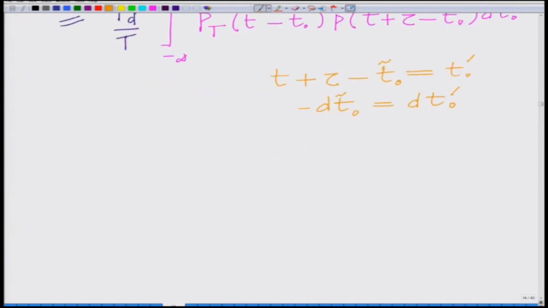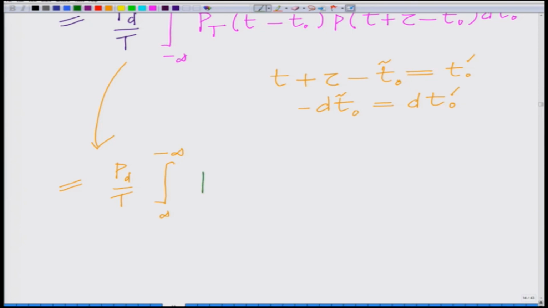So, therefore, this integral further becomes Pd over T. Well, now you have to be careful: when T naught tilde is minus infinity, T naught prime becomes plus infinity, and when T naught tilde is infinity, T naught prime becomes minus infinity.